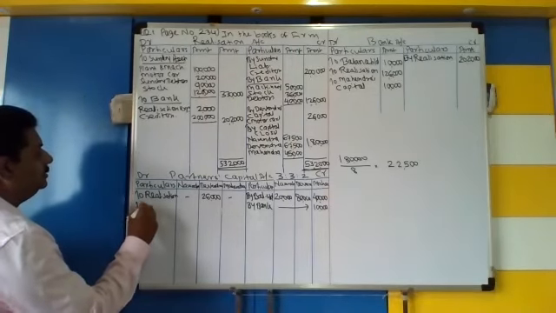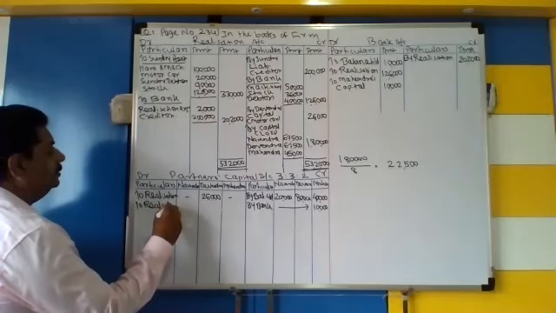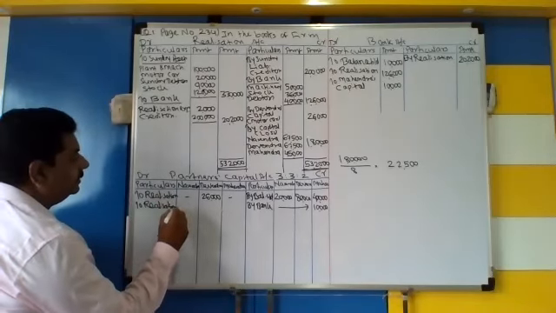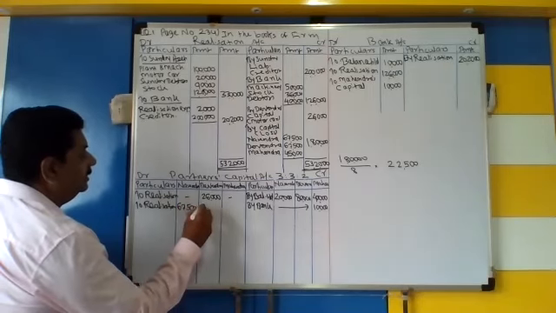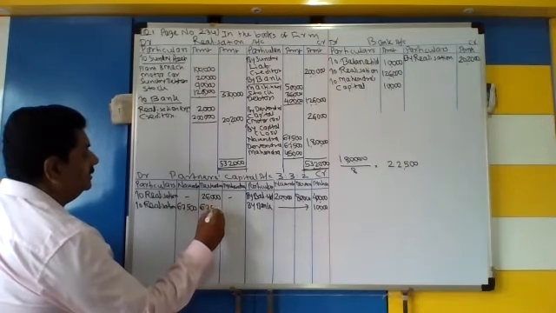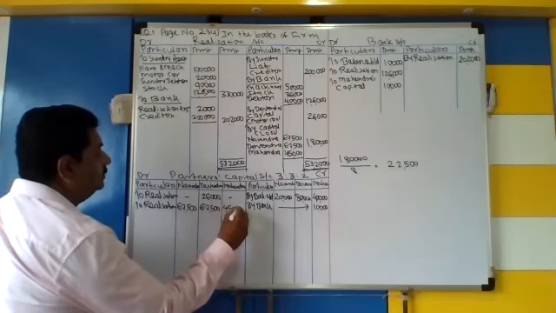By capital, here it is to realization. To realization, 67,500, 67,500, and 45,000.